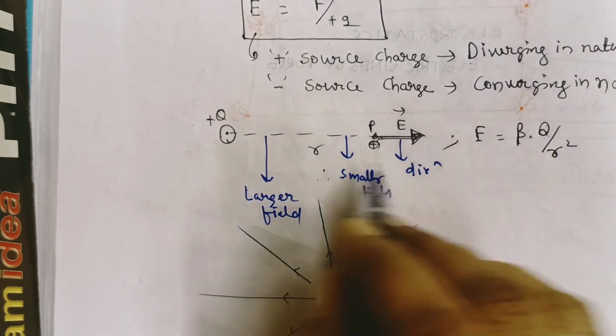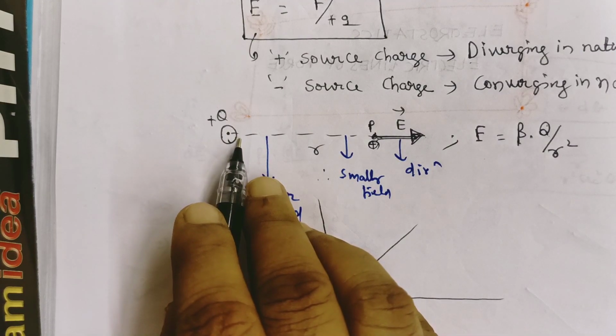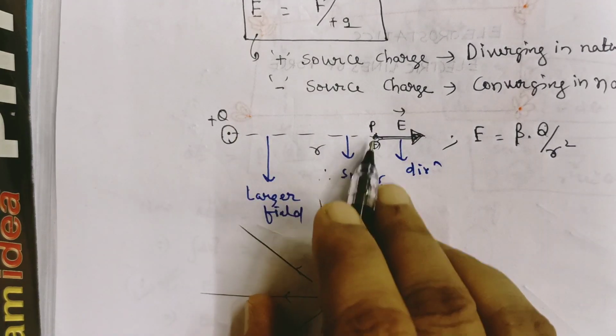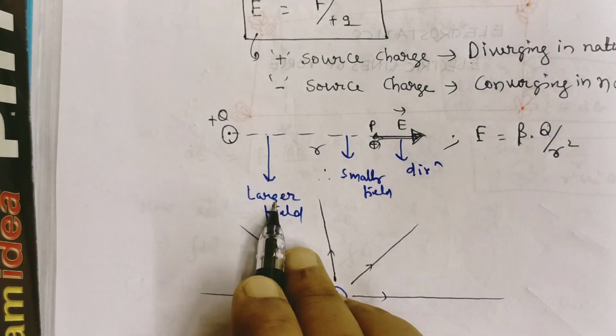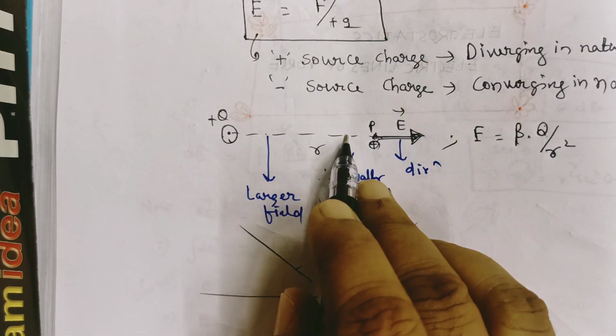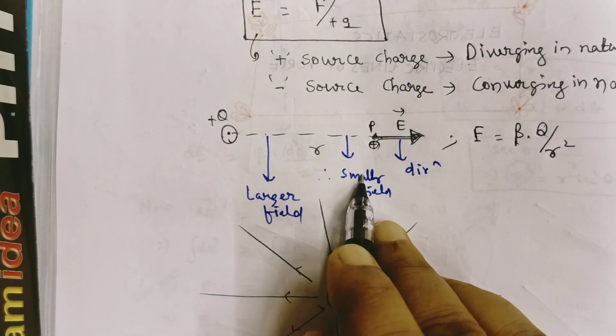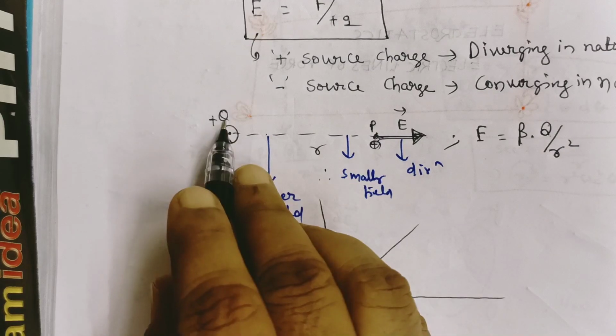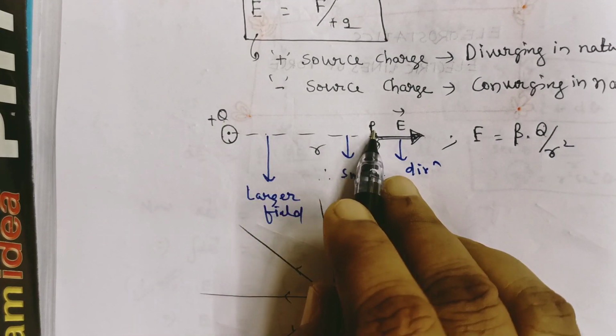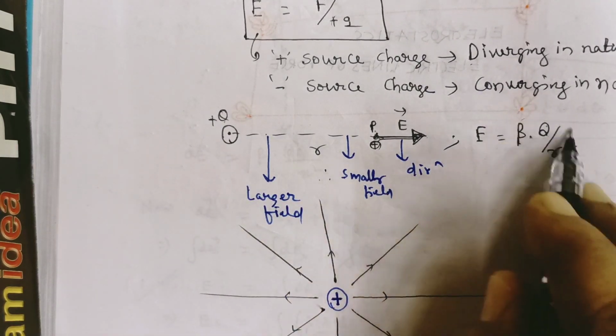That means if you increase the distance from the source charge, then the field strength decreases. Near it there is a larger field. When you go far away, the field strength will be less. Similarly, if the position does not change and the source charge is more, then the field strength will be more. That is discussed in this formula.